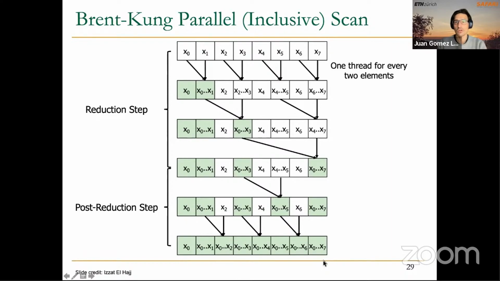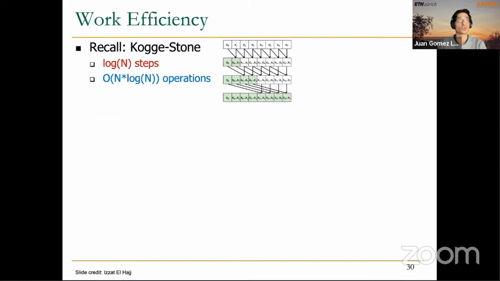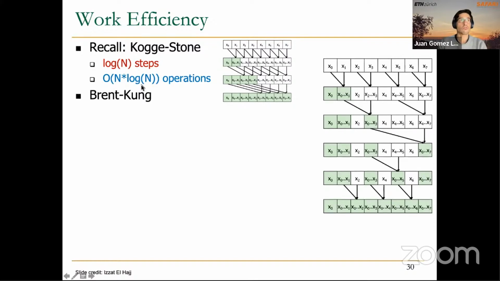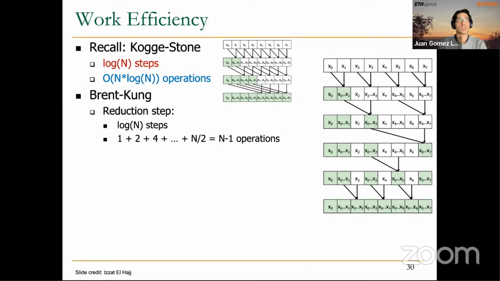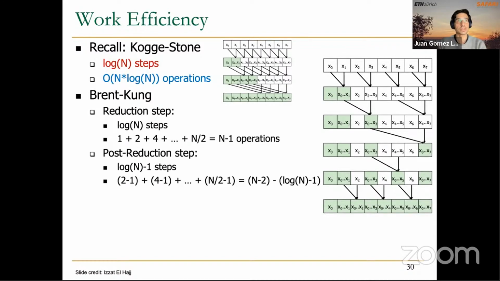Now let's analyze the work efficiency of this Brent-Kung parallel scan and compare it to Kogge-Stone. Recall that in Kogge-Stone we have log n steps, and the number of operations is in the order of magnitude of n times log n. So now if we think about Brent-Kung, we see that we have first a reduction step, this part here, with log n steps, and we can count the number of operations in each step.